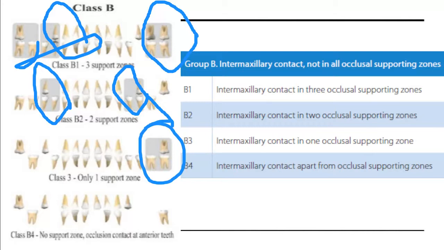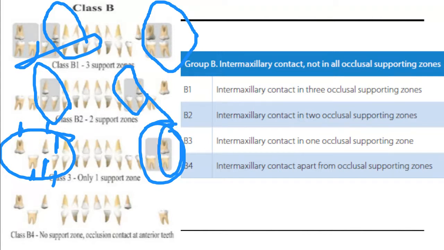There is only one supporting zone, whereas in this area there are no occlusal supporting zones. That means though there is a molar here, this molar is not supported by another molar. Here you have one molar, but there is no opposing molar. Here you have a premolar, but you don't have an opposing premolar. Here you have a premolar in the lower arch, but you don't have a premolar on the opposing arch. So hardly in B3 you have only one supporting zone.